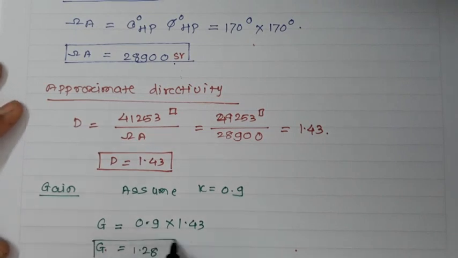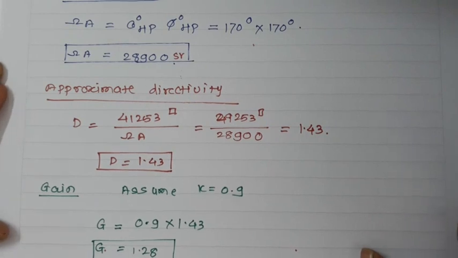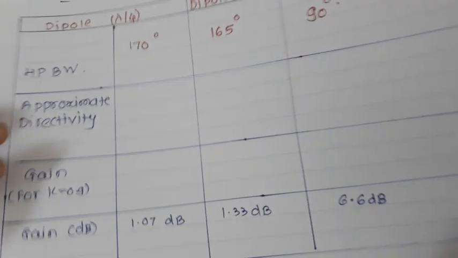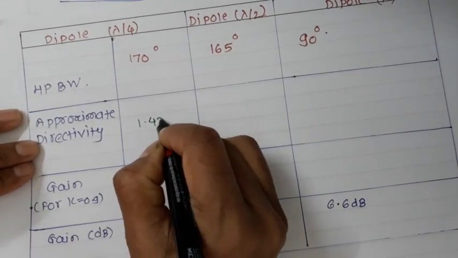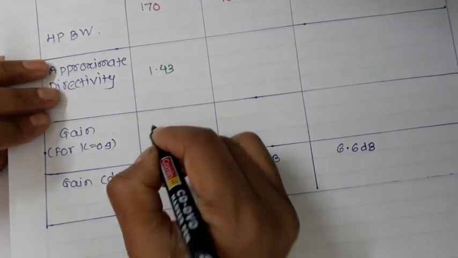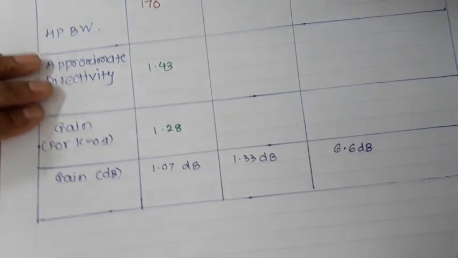So I have got some values for this lambda by 4 antenna, and I'll note them down. I have got half power beamwidth 170 degree, approximate directivity 1.43 and gain 1.28. Okay, so I have noted down those values.